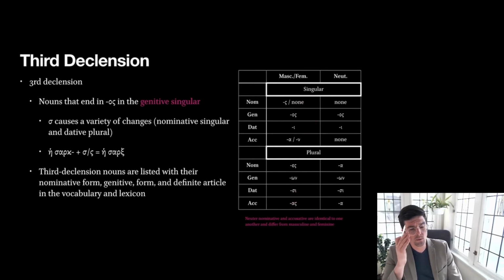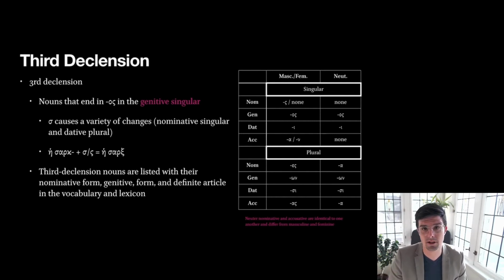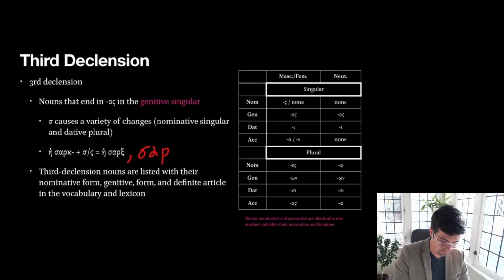And so what you'll find in the vocabulary list and what you'll find in Greek grammars, or in Greek lexicons, I should say, in Greek dictionaries, is that third declension forms are always listed with their nominative form, hē sarx, but then right after it, their genitive form.